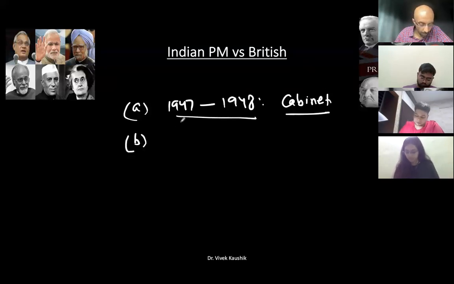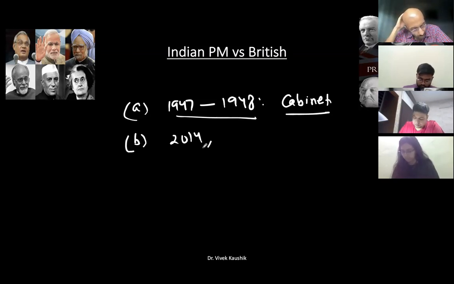Second, in 2014, the Political and Constitutional Reform Committee produced a report titled Role and Powers of the British Prime Minister. Full stop. Next paragraph.